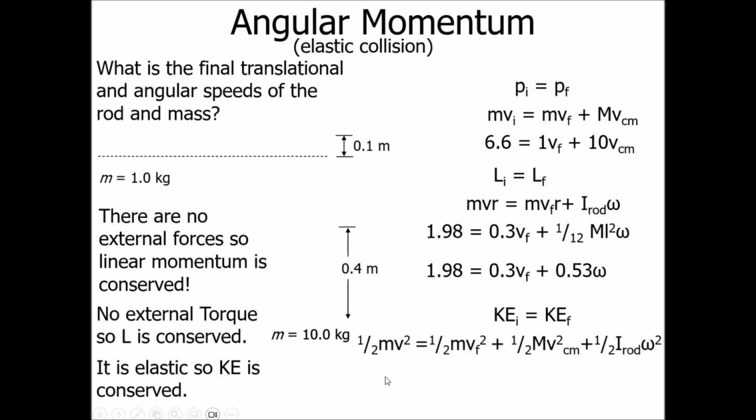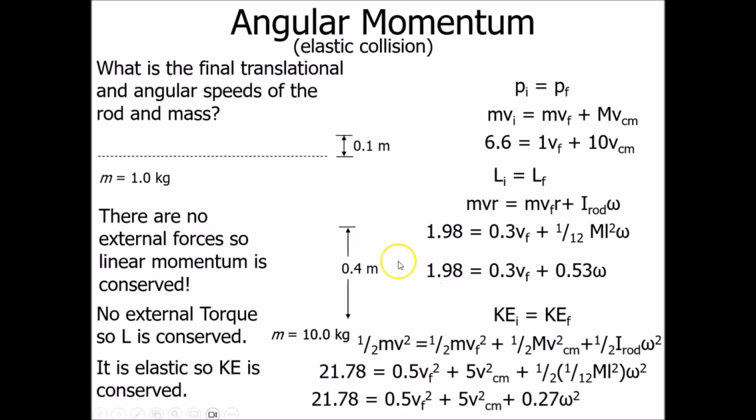So we have 1/2 m v squared, and that's going to be equal to 1/2 m vf squared plus the translational kinetic energy of the center of mass of the rod plus its rotational kinetic energy, because it's both translating and rotating. I can plug into this and simplify it, and I've got the following.